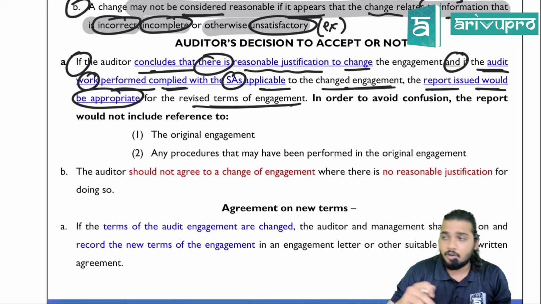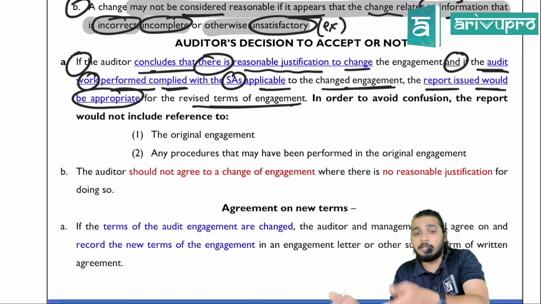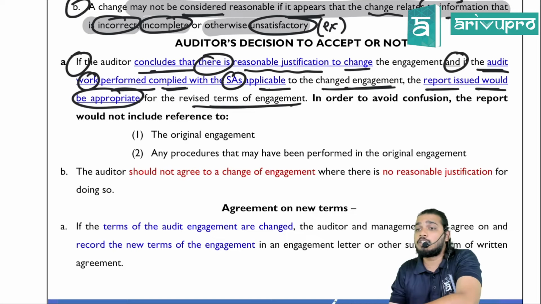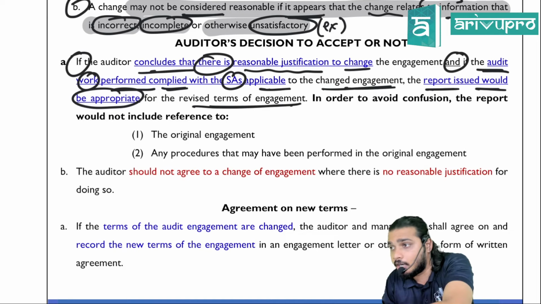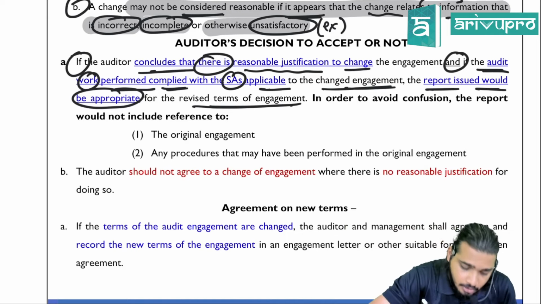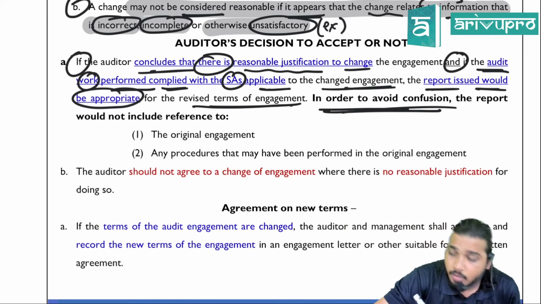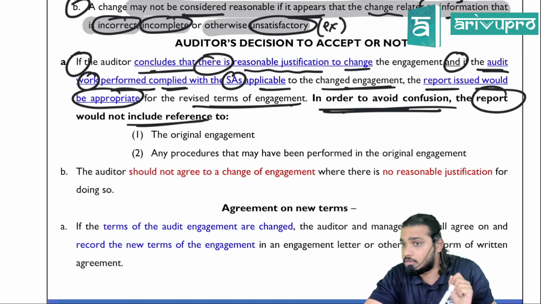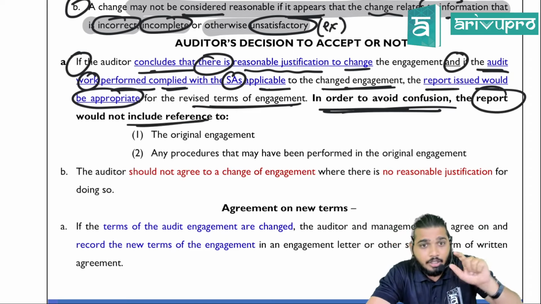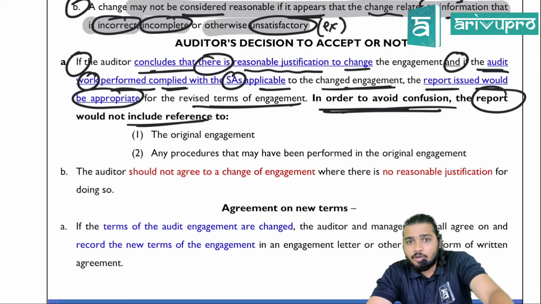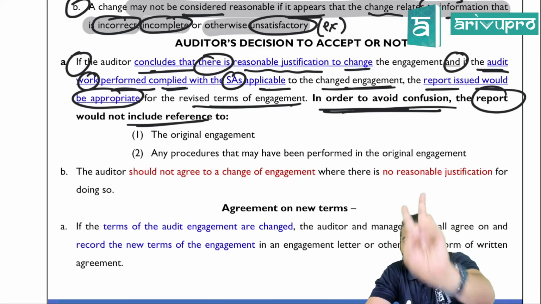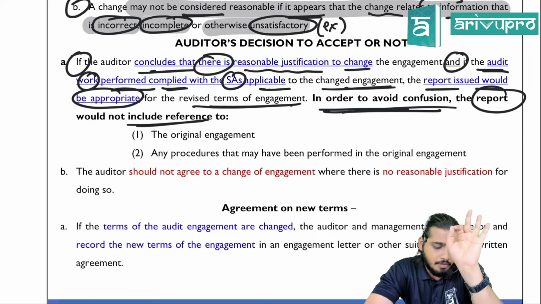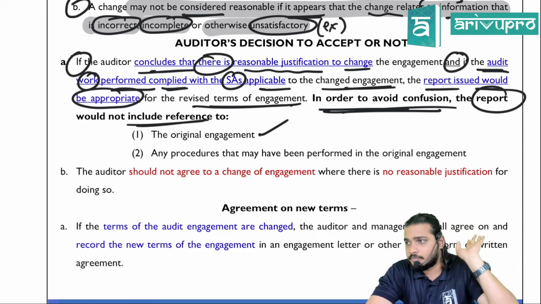So, if you are okay with the change of engagement, prepare the new engagement report, prepare the new audit report. But in the new report, in order to avoid confusion, do not include references. In that new report, never mention two things. Don't give a reference to the original engagement.